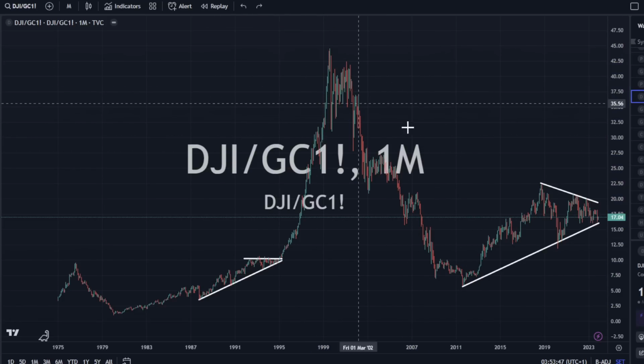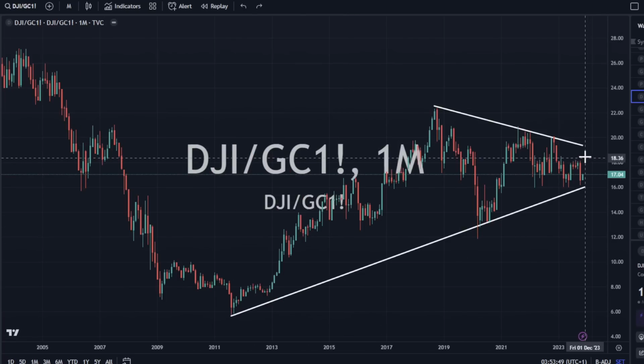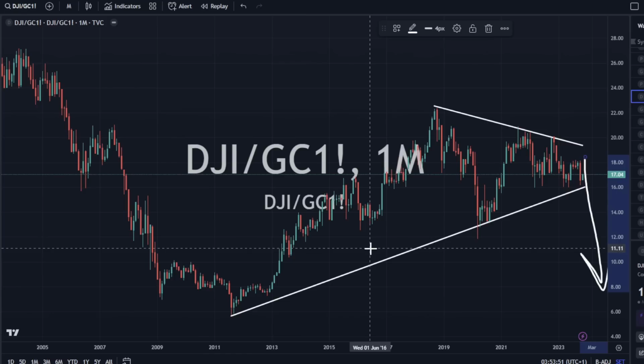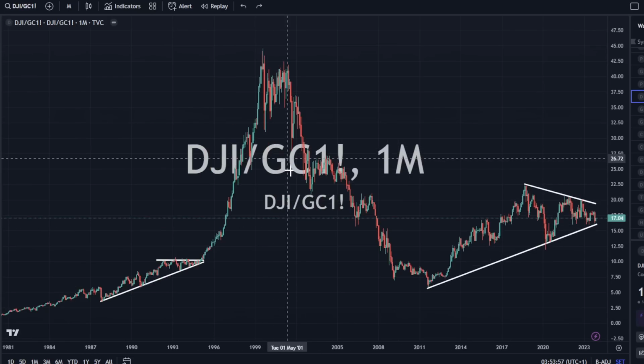What I think is going to occur is that we are going to break this to the downside. That's my take on this. We're going to break to the downside based off of higher interest rates and a commodity boom that's coming. That we're in, I should say. Inflation drives this lower in an expansion phase of real estate.